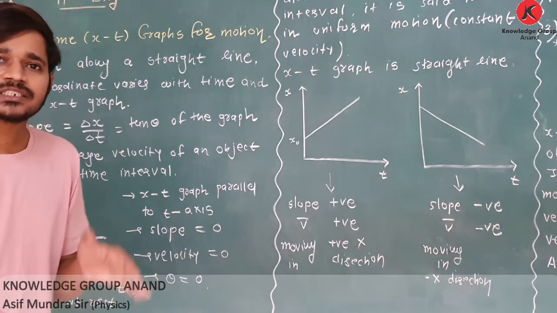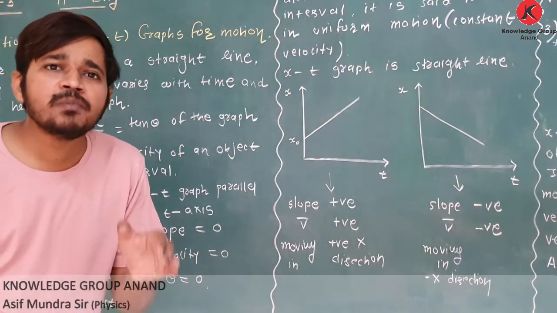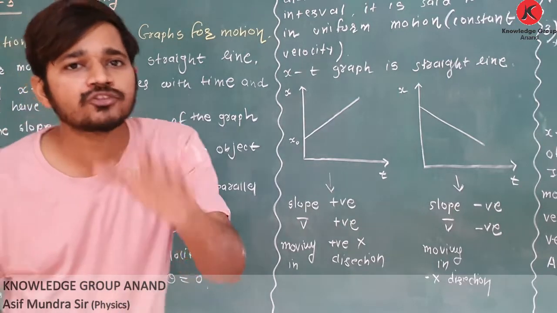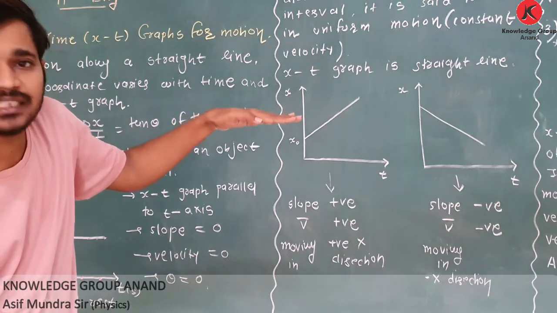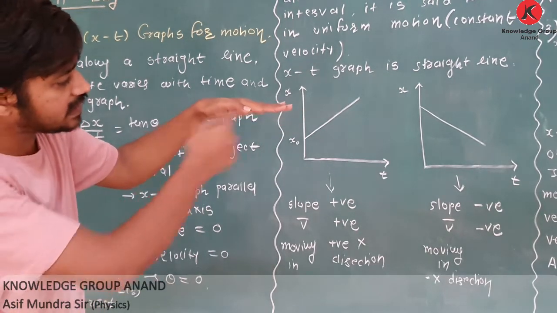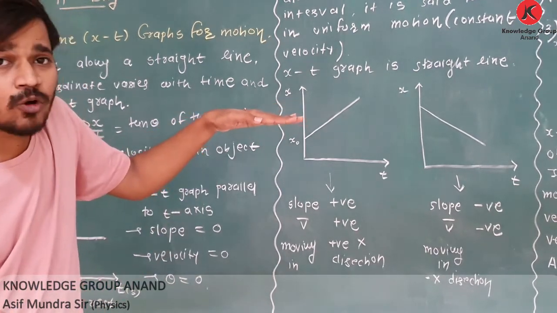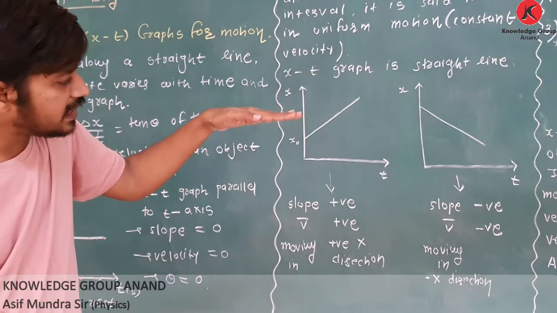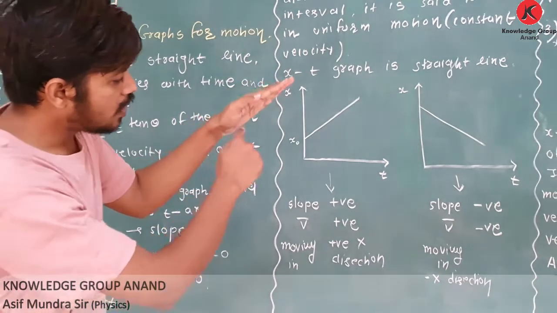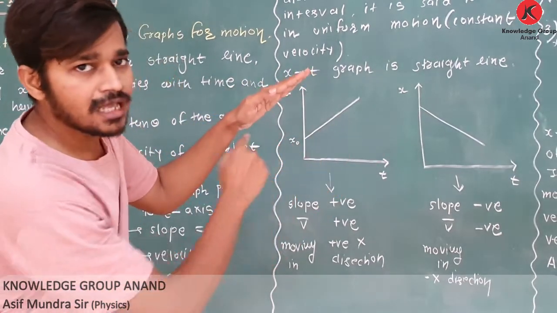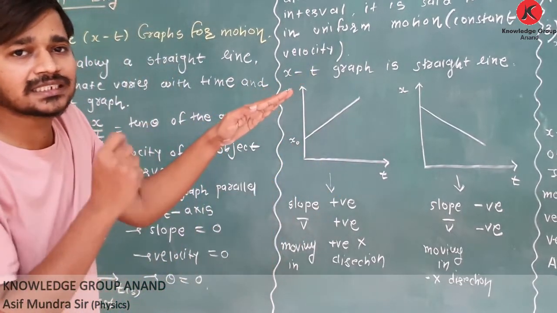See, slope means if any plane makes some angle with the horizontal. For example, if my hand is like this, then it is parallel to the x-axis, horizontal, then slope is 0. But if I incline my hand like this, it makes some angle with the horizontal, which means it has some slope.